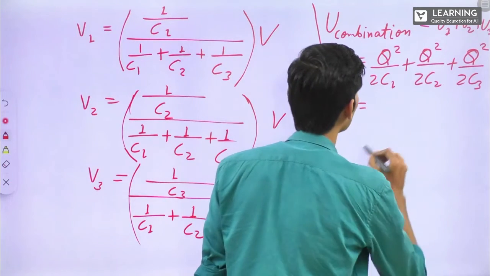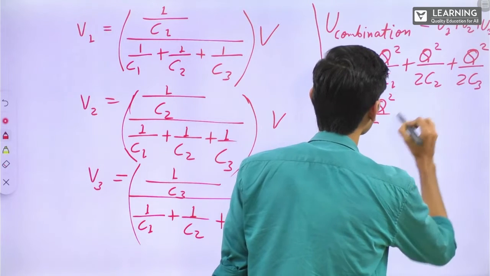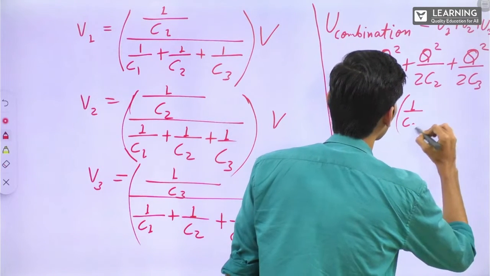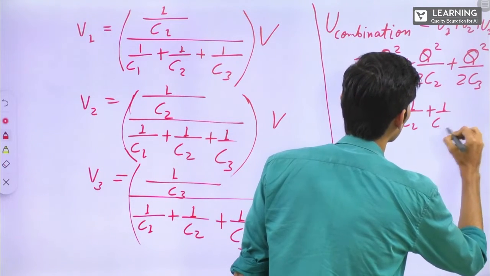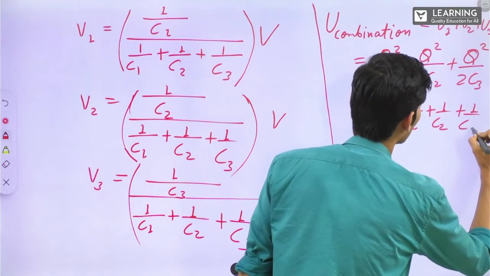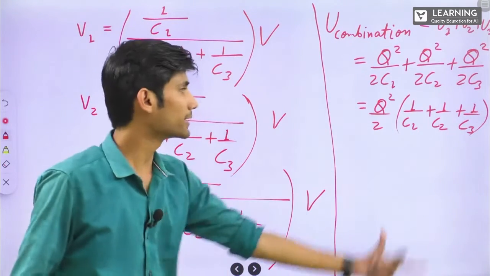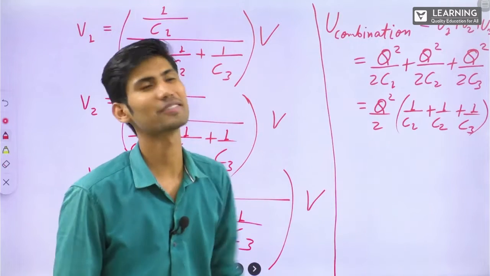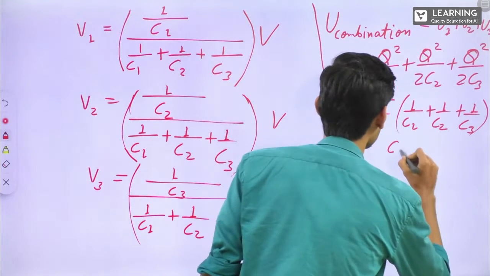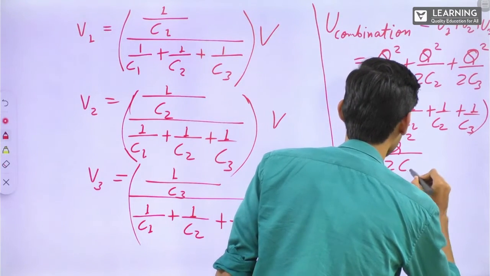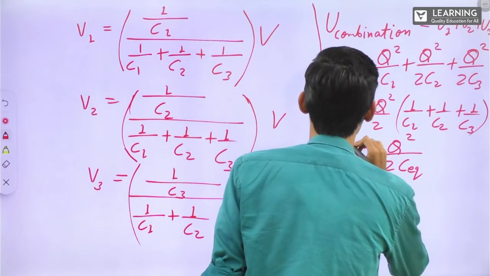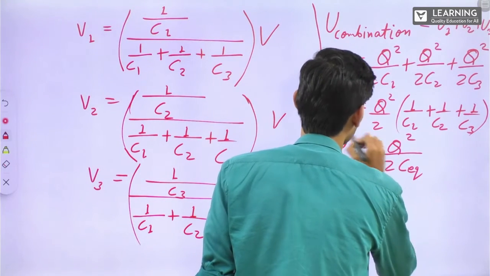Now, that is equal to, if I take Q square by 2 common, 1 upon C1 plus 1 upon C2 plus 1 upon C3, correct? This is 1 upon C equivalent, so this will be Q square by 2C equivalent. This is U of the combination.